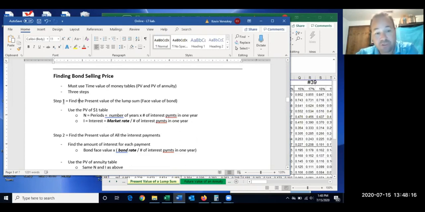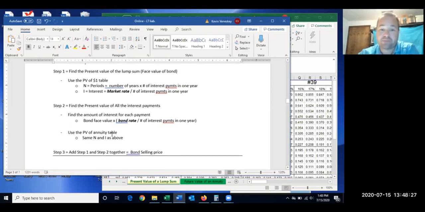And we're going to put some numbers to these as we go along. So the first thing we would have done is calculated the face value of the bond, present value. Then we're going to find the present value of all the interest payments. And what we have to do with that is find the value of the interest that the bond is paying out every single 6 months.